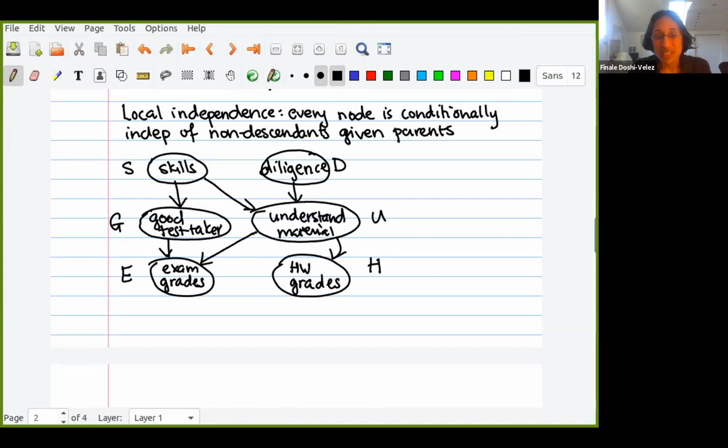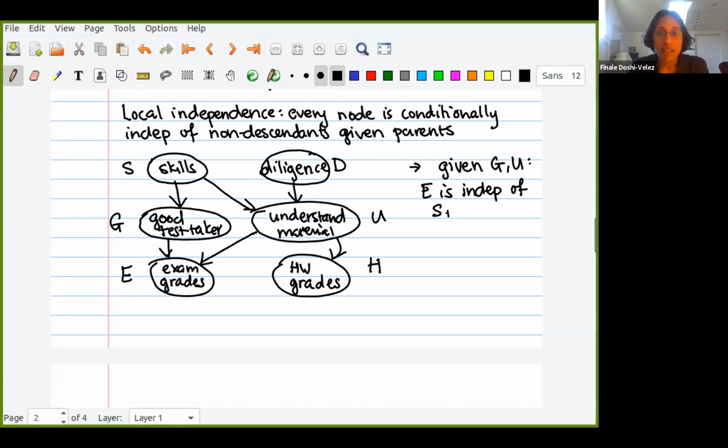That these are the things that are maybe the places where I could make a difference. All right, so let's do some reasoning on this graph. Given G and U, so these two over here, E, so here's things that we can observe, is independent of the rest of the graph.